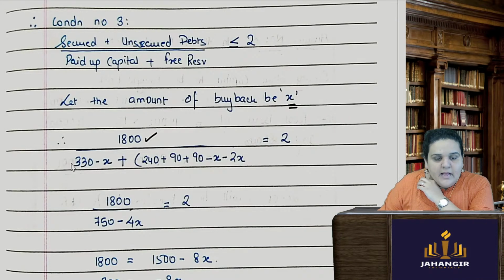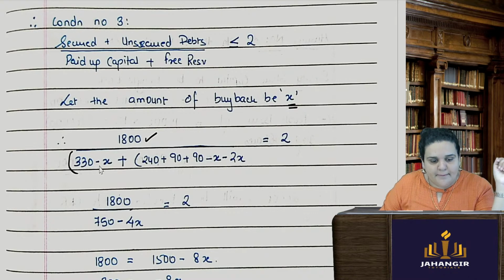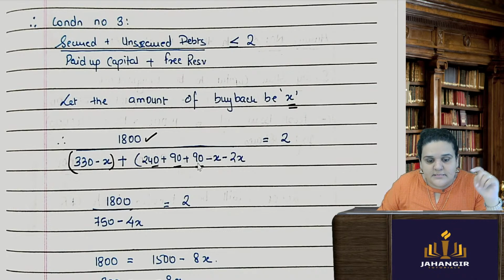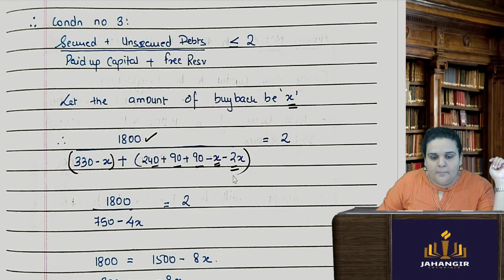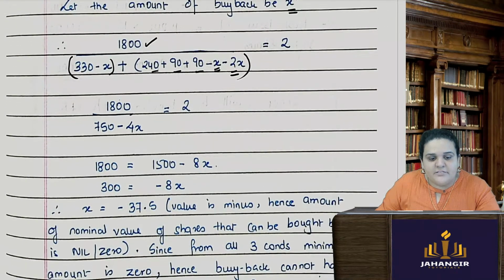Paid up capital after the buyback will be 330 crores minus X, since I have taken the nominal value of buyback as X, plus free reserves of 240 plus 90 plus 90. From these reserves I will give the nominal value also, I will give the premium also, which will be equal to 2. So when I solve this ratio, my X will come as minus 37.5.